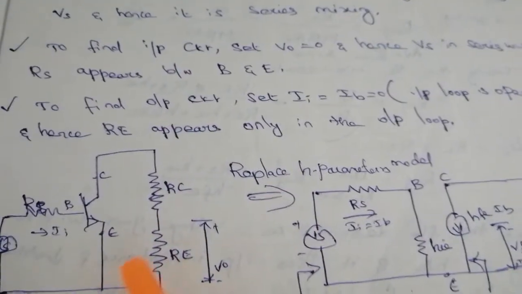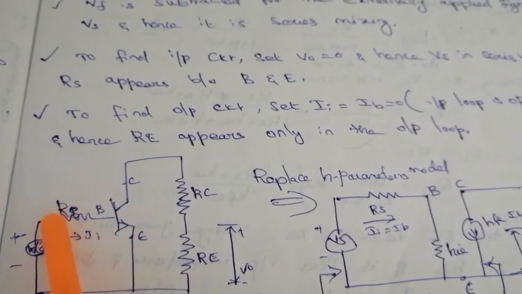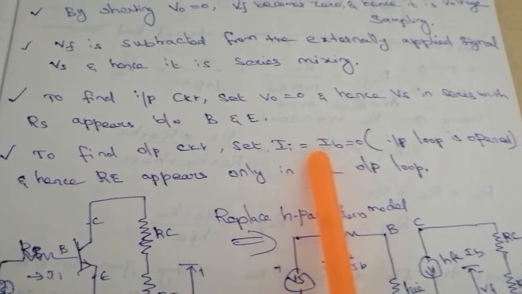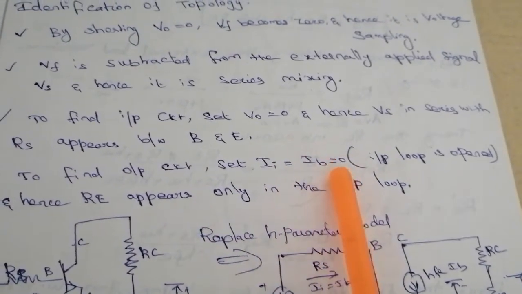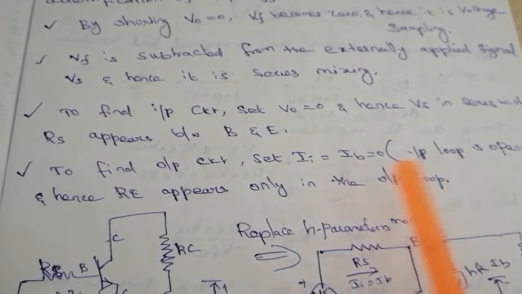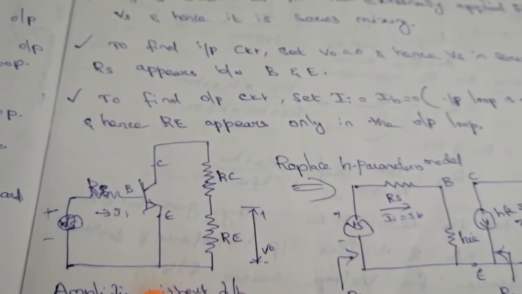That's why here we are drawing Vs appearing across Rs. Okay, for the output circuit, set Ib equal to 0. Hence Re appears only in the output loop. So by shorting this V0, we can draw the amplifier without feedback, right? So this is the without feedback diagram.